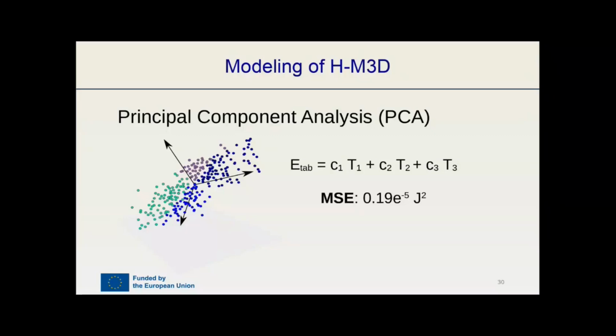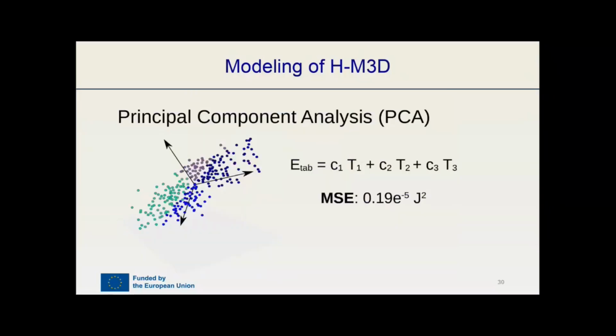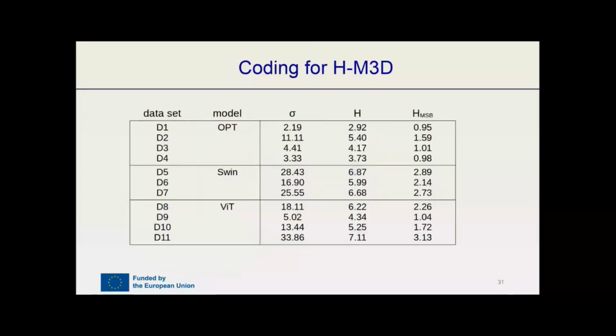With that, we get a model that has fundamentally the same complexity as the standard model with the misalignment effect, but that produces an error which is even smaller. Moreover, the advantage of this more precise formulation is that it allows us to understand the energy as a function of the factors T1, T2, T3. And these are exactly the factors that we can reduce through coding.